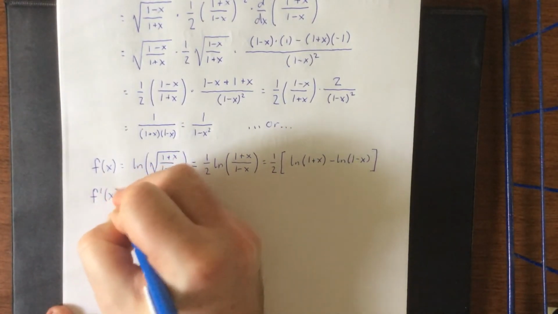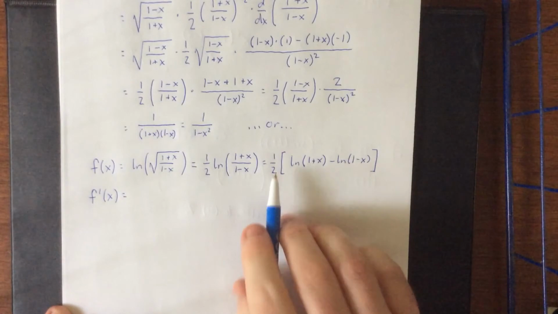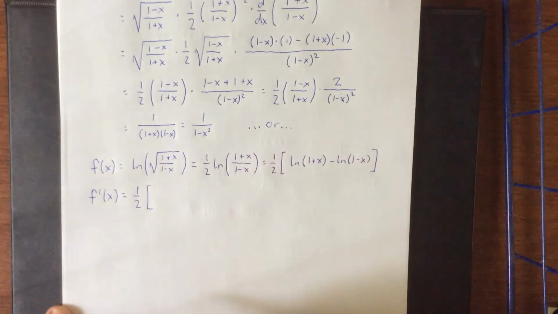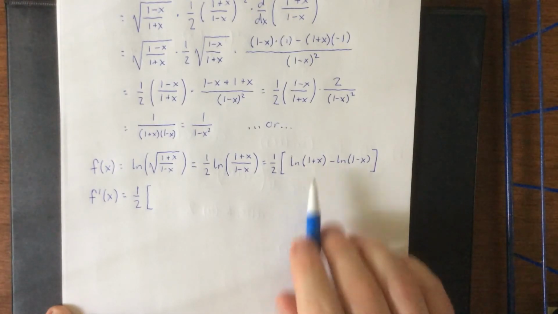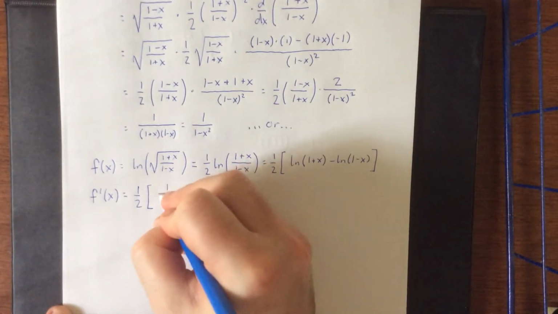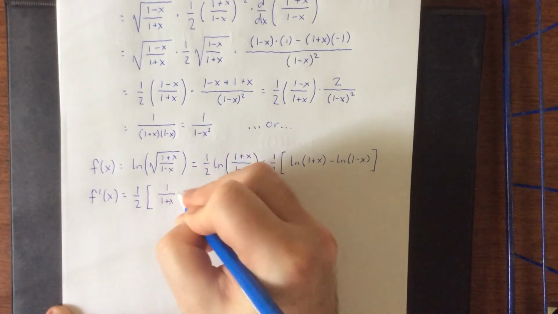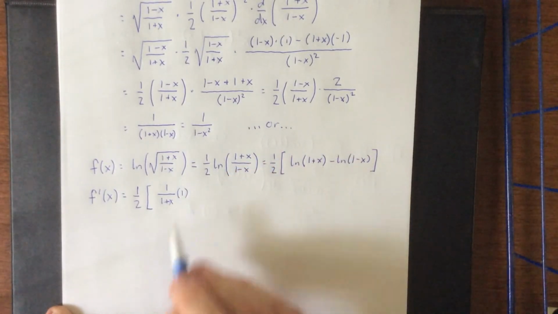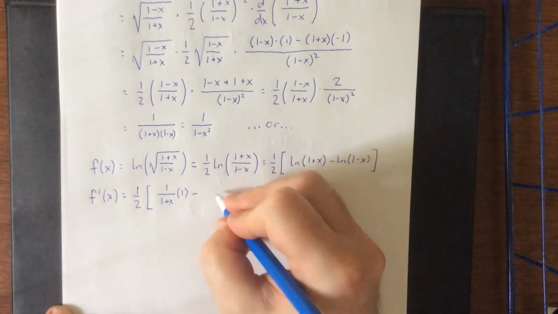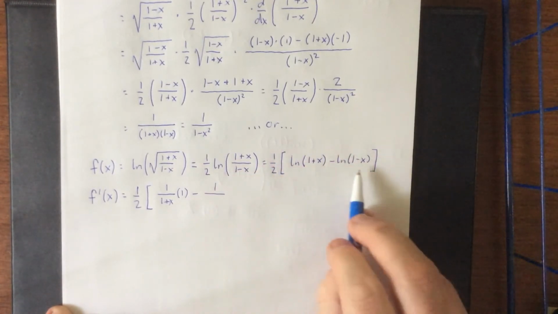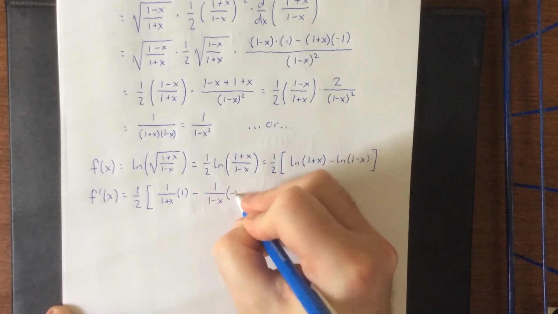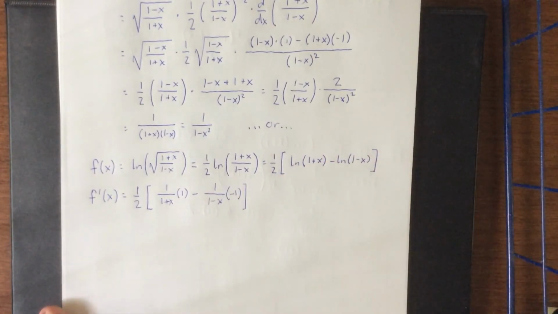This will be much nicer. We'll go ahead and leave that 1/2 out front as a constant multiple, and then just differentiate the other two functions in here. Natural log of 1 plus x will be 1 over 1 plus x, and then the chain rule says multiply by the derivative of that 1 plus x, which will give us 1. Minus, same thing for the next natural log, that'll be 1 over 1 minus x times the derivative of 1 minus x.